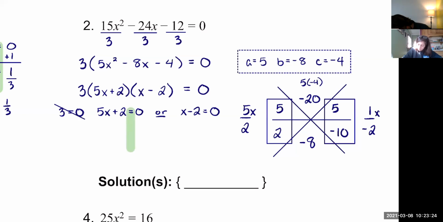How would you solve the 5x plus 2 equals 0? Move the 2, subtract 2 from both sides. So 5x equals -2. Then what? I'm not done solving the first one. Divide both sides by 5.